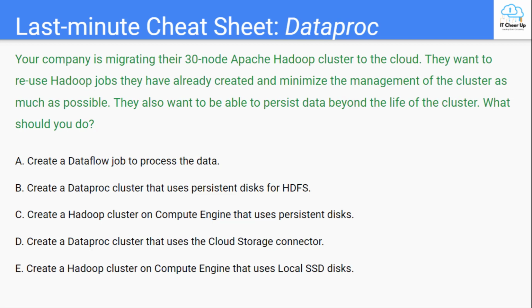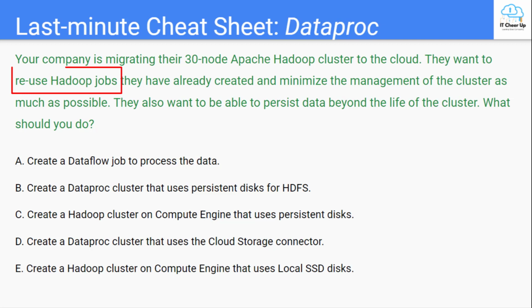Want to try another one? Pause the video and read the question first. Ready? The answer is very straightforward based on the Dataproc last-minute cheat sheet part 2, connectors and data storage. But I highlighted the keywords of this question on how to rule out the wrong answers.